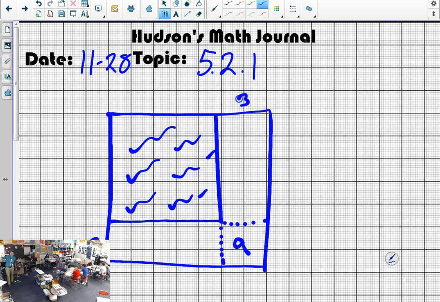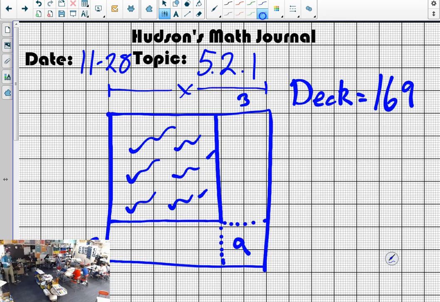Okay, so the deck, we were told, is 169 square feet. So if it's a square, then its width will be its length. So we know x squared will equal 169, and we're able to solve and get 13. So the hot tub is going to be 10 feet by 10 feet, which is not a small hot tub.